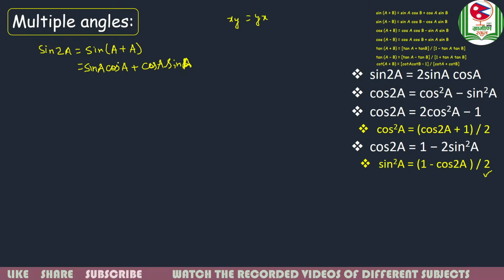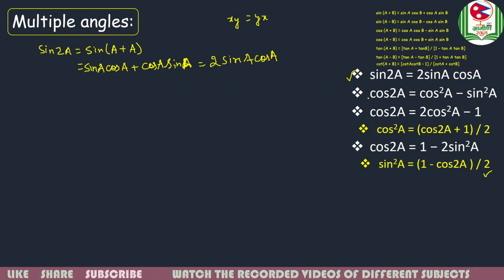Both are like terms, so they can be added and the result will be 2 sin A cos A. In this way, we have obtained sin 2A equals 2 sin A cos A. So we have proved this formula.